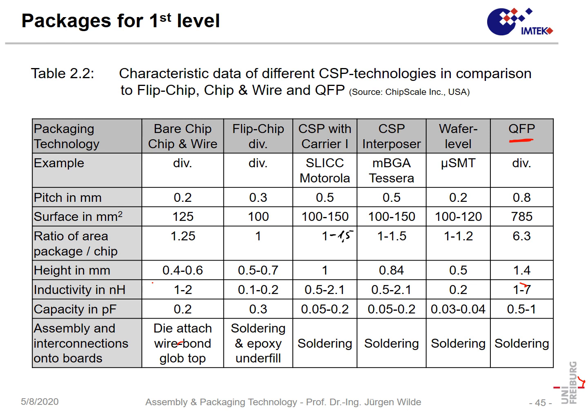If we have a flip chip, for instance, on a printed wiring board, we would have a pitch of 0.3 millimeter or lower. On the other hand, when we use chip scale packages, either with carrier or with interposer, we can go down to 0.5 millimeters typically in such a micro BGA, or when we use a wafer level surface mounted device, we can go down to 0.2 millimeters.